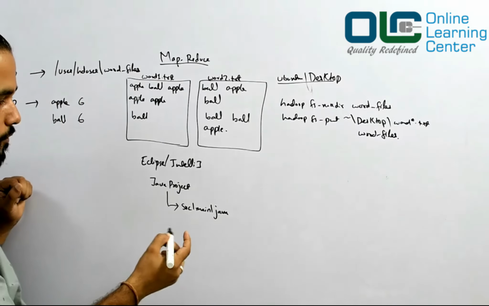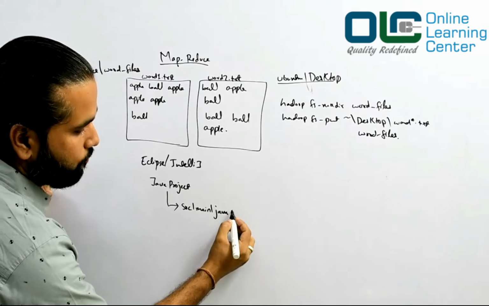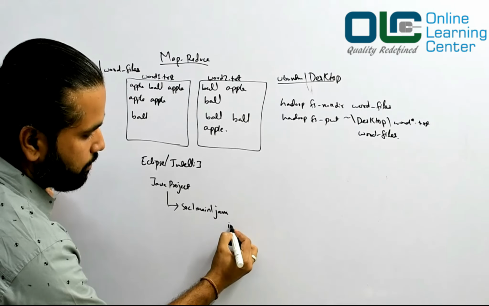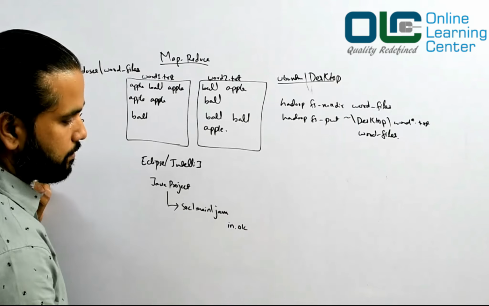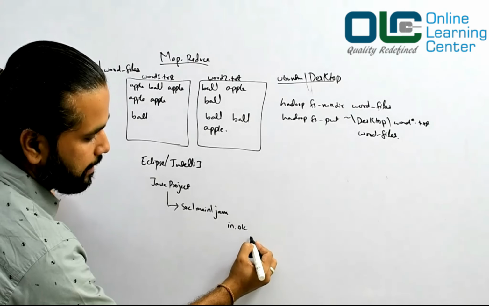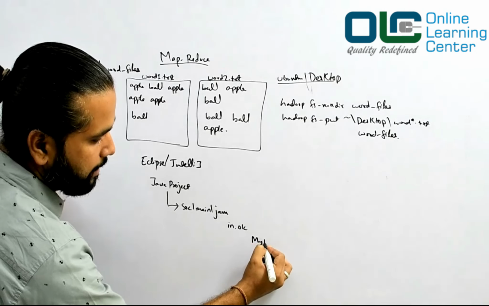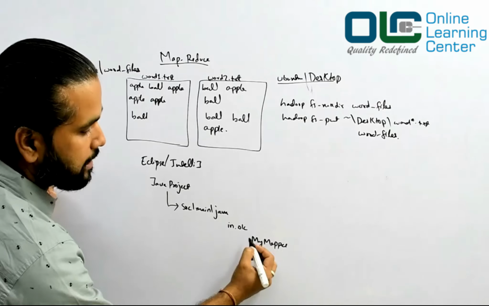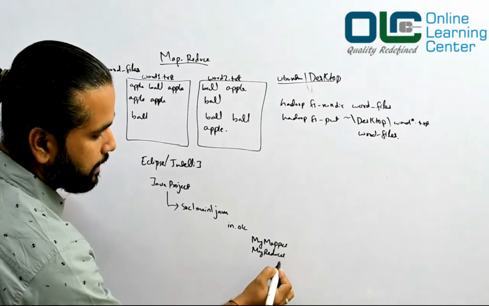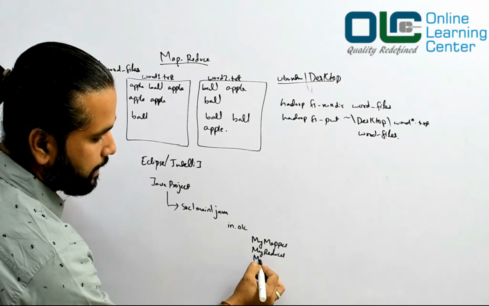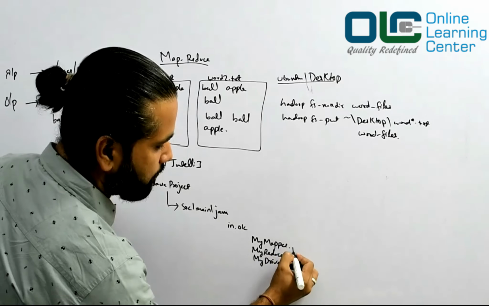Under this we will create our mapper code. We'll create a package called in.olc, and inside this package we'll have a class called myMapper, a class called myReducer, and a class called myDriver. And these are all .java files.